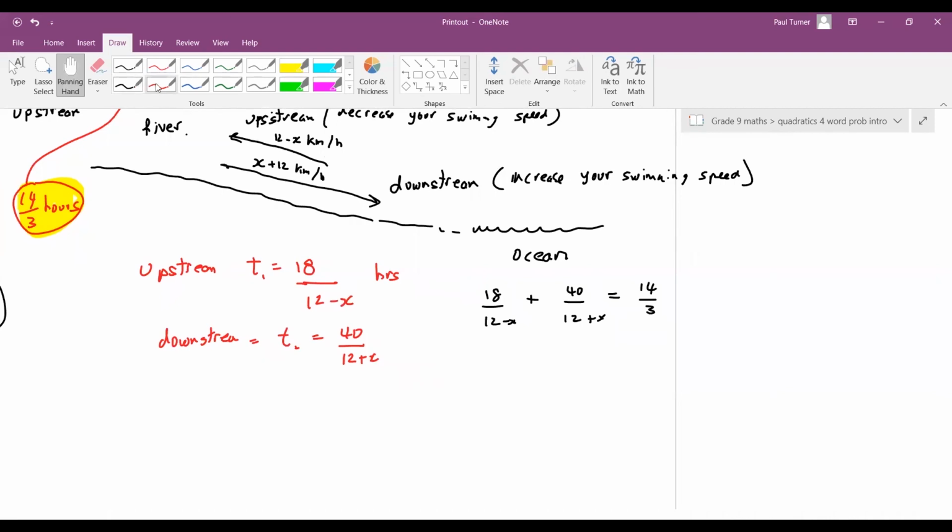You'll get 2 positive answers, but the correct one, I think, is 3. So when you simplify it, you'll get 14x squared minus 66x plus 72 equals 0.